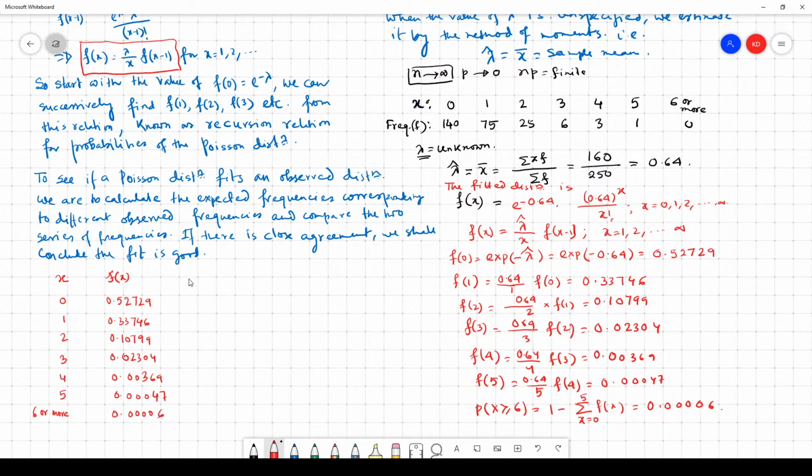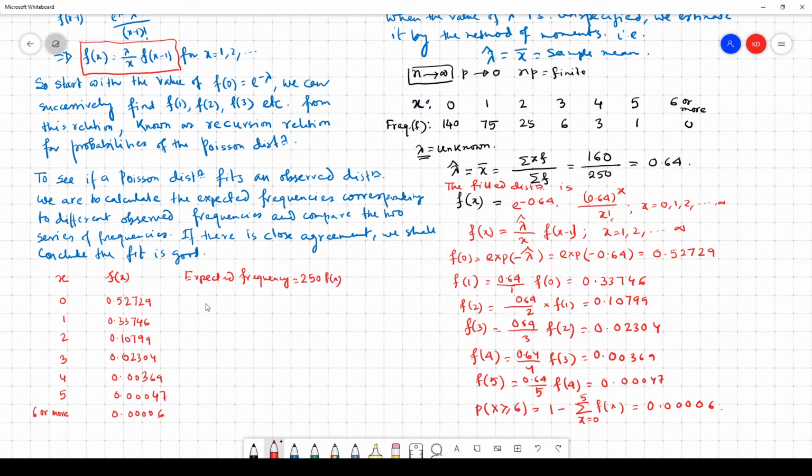Okay, and expected frequency, which is equal to, here n is 250, n into f(x).